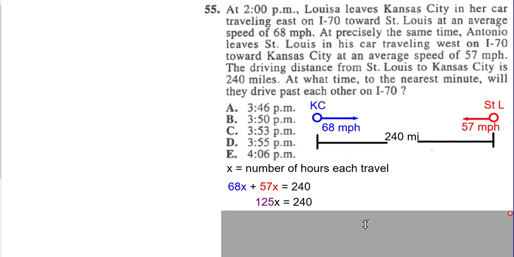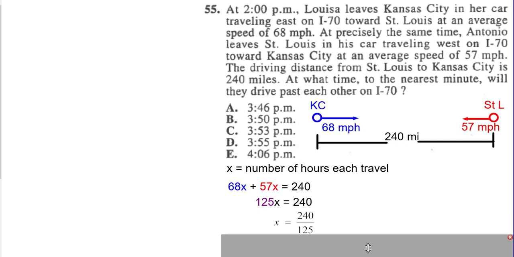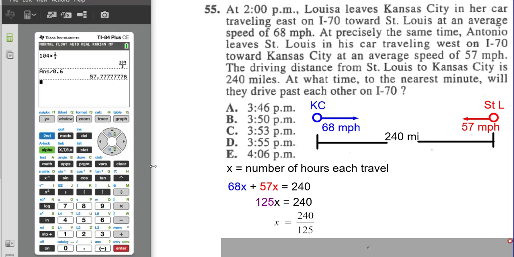And that's 125x equals 240. And so x is equal to that. And so let's go ahead and see what that is. And if I do 240 divided by 125, I do get a decimal. That's 1 hour and 0.92 of an hour.